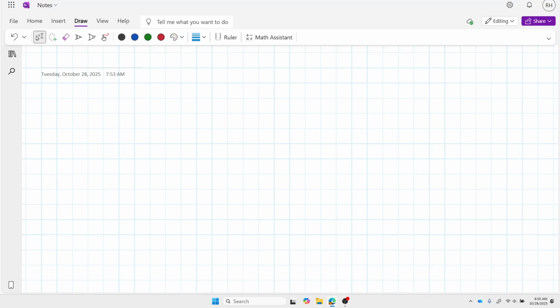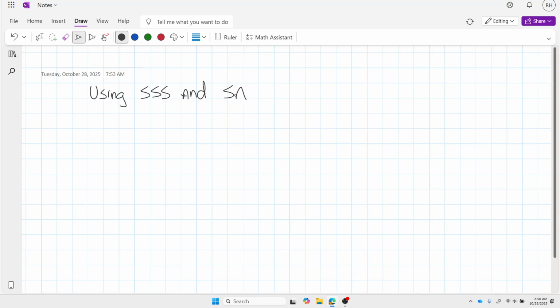All right, so like I said, on page 295 today, what we're going to be doing is using SSS, which is short for side, side, side, and SAS, which is a postulate, side, angle, side.